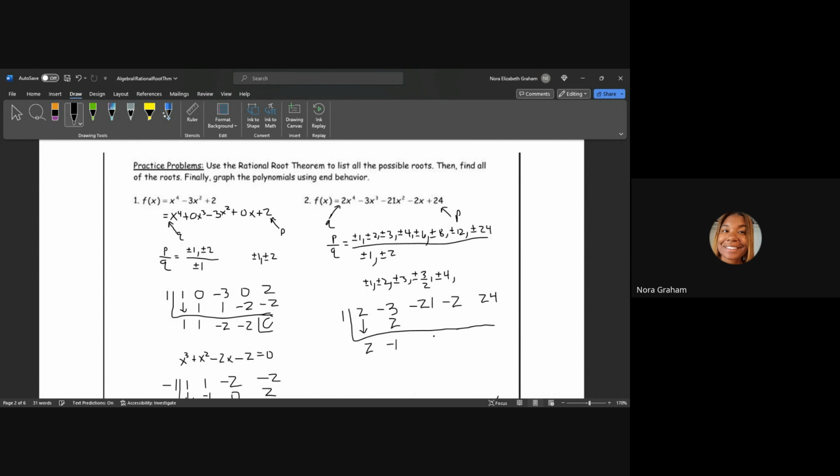Negative 1 times positive 1 is negative 1. Negative 21 plus negative 1 is going to give me negative 22. Negative 22 times 1 is going to give me negative 22 again. Negative 22 plus negative 2 is going to give me negative 24.